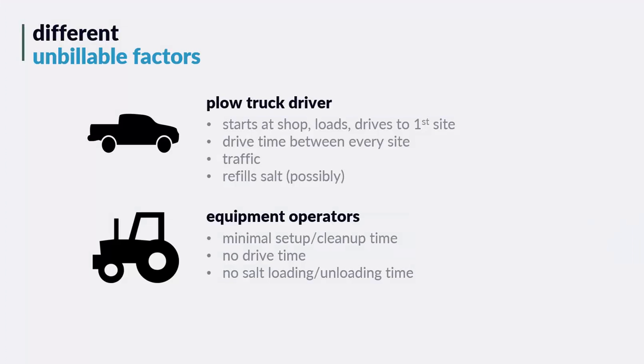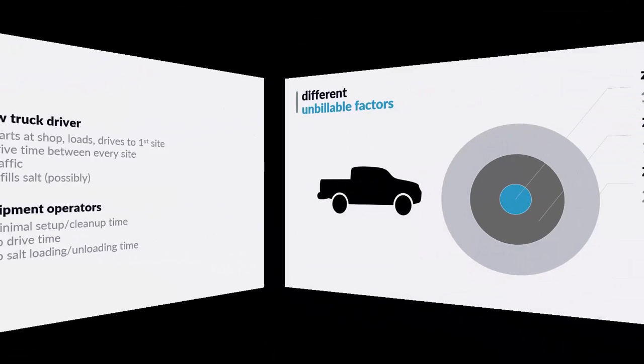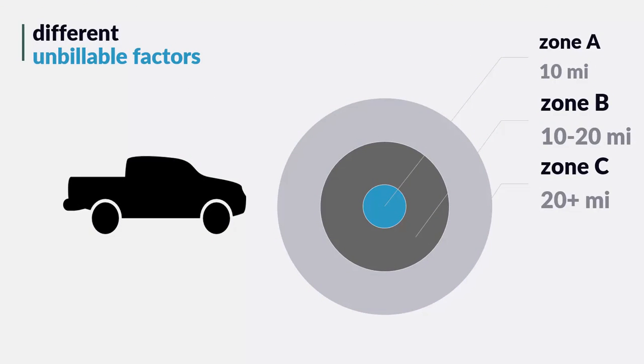Now, we'll take a look at one more example of a way to consider drive time in a factor, and that is potentially setting up plow truck drivers with 3 different items in your labor catalog. So you could have, for example, plow truck driver zone A, zone B, and zone C. As sites get further and further from your shop, your drive time increases.